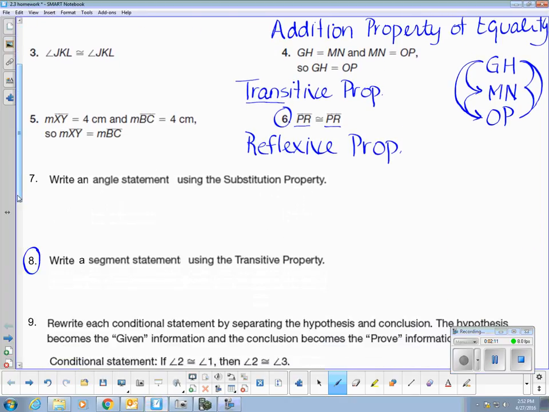Number 8 is asking you to write a segment statement using the transitive property, so very much like number 4.